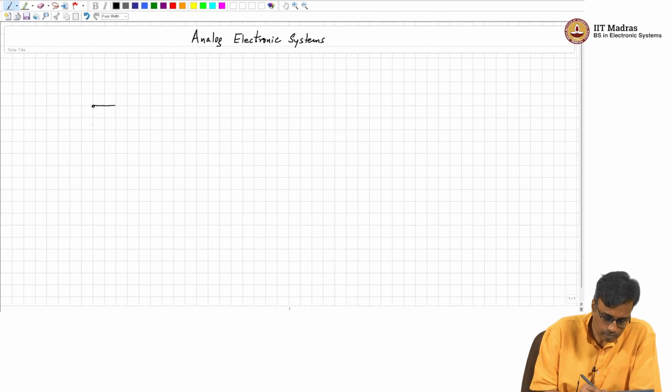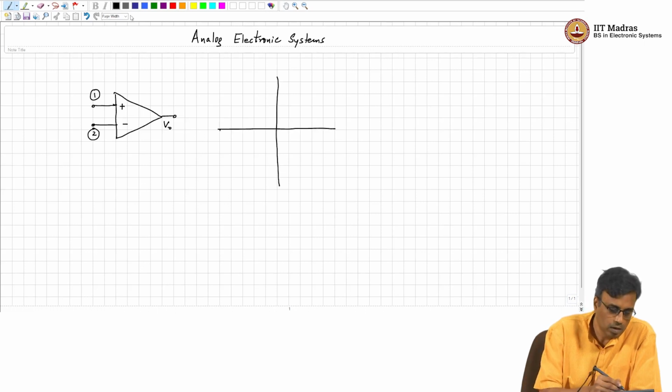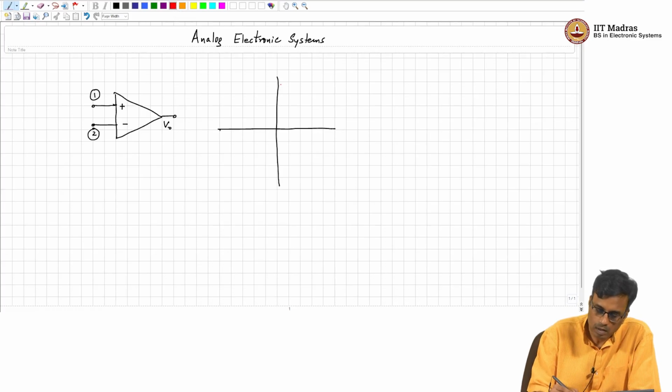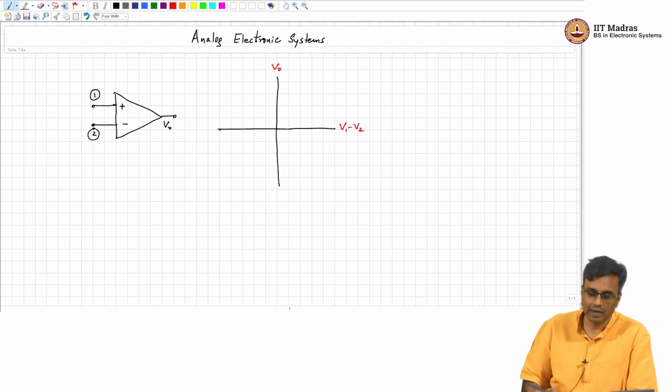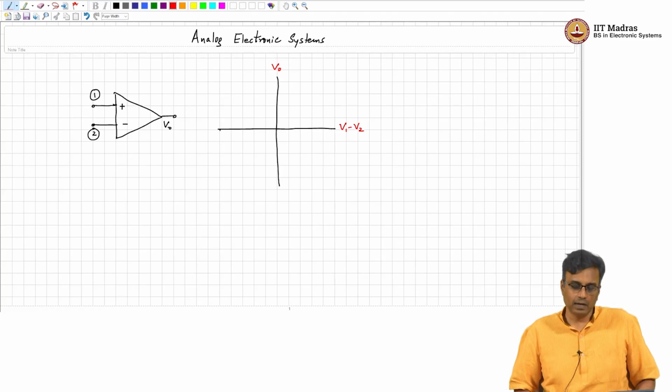So we have seen already that the characteristic of the op amp is something like this. Assuming dual rail operation, if I plot V1 minus V2 on the x-axis and VO on the y-axis, with V1 minus V2 being the same scale as VO, what will I get?